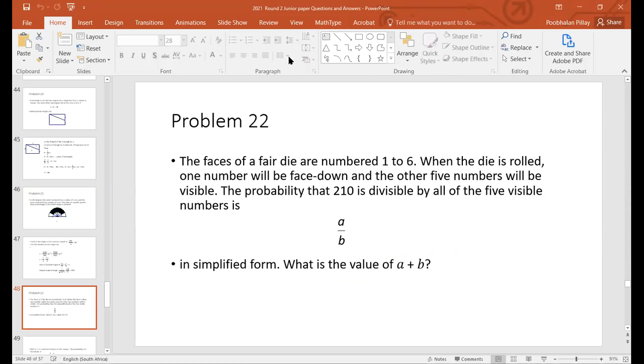Now, if you read this question again, what it says is that you got a die, and when you roll this die, one of the faces is down, but there are 5 visible faces.